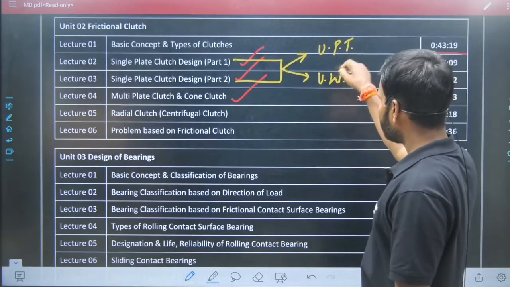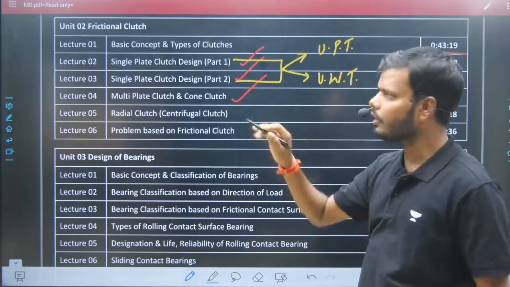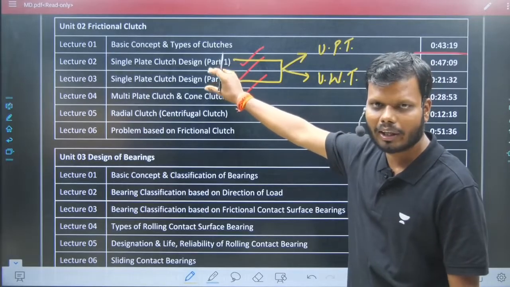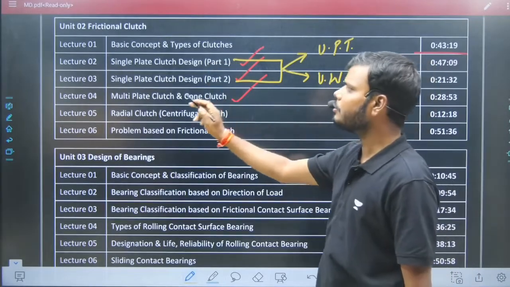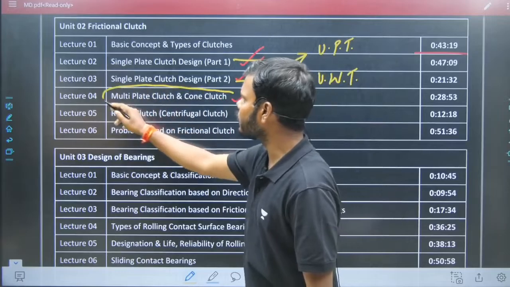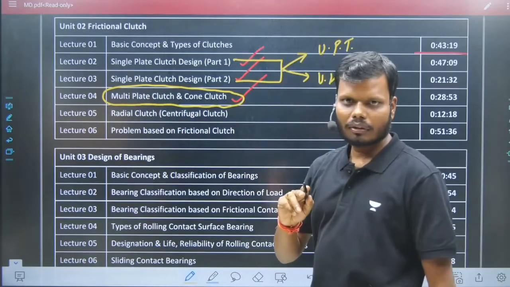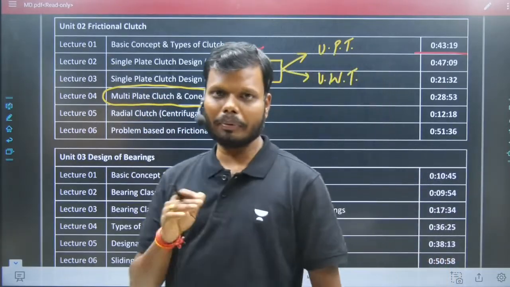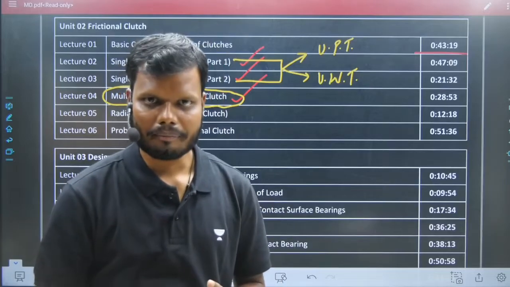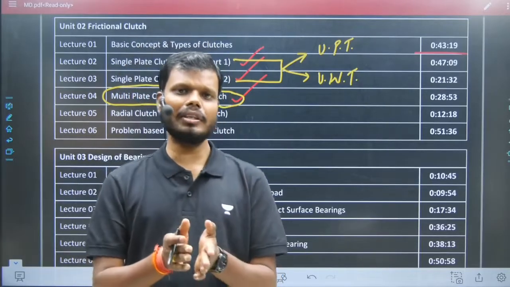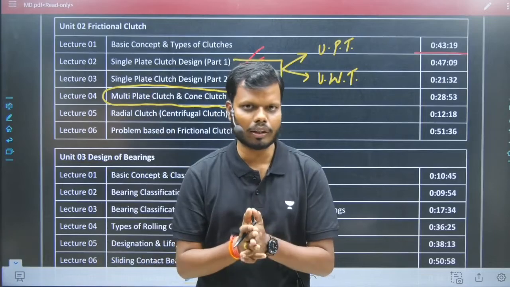These two important design parameters will be covered in lecture 2 and lecture 3, as well as lecture 4, where multi-plate clutch and cone clutch will also be covered in UPT and UWT format. Clear that point? But in GATE examination, single plate clutch is very important.